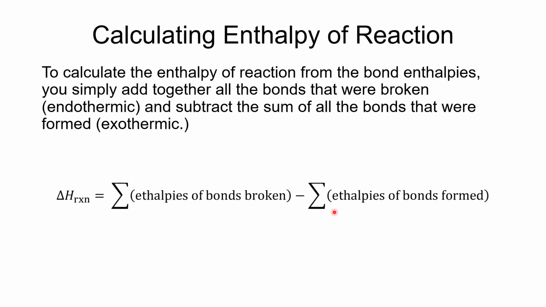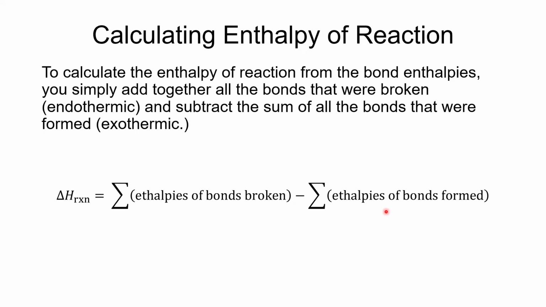We're going to use this rather simple formula: the delta H of reaction should be equal to, at least as a good estimate, the sum of all the enthalpies of the bonds that are broken minus the sum of all the enthalpies of the bonds that are formed. And that's it.